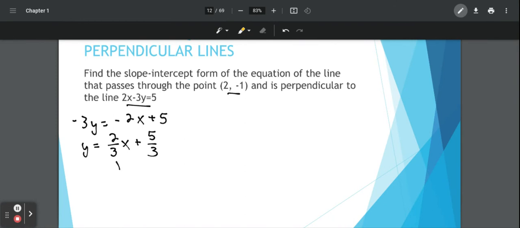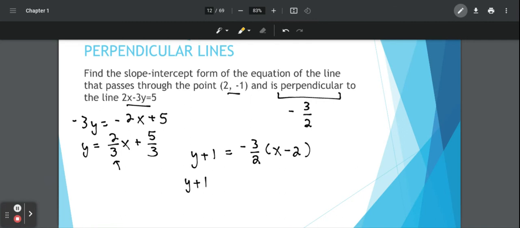So if our slope is 2/3, then a perpendicular slope would be -3/2. And for me, I always use point-slope form, but again, like that previous example, you can use either way. But I'm just going to go y plus 1 equals -3/2 times x minus 2.